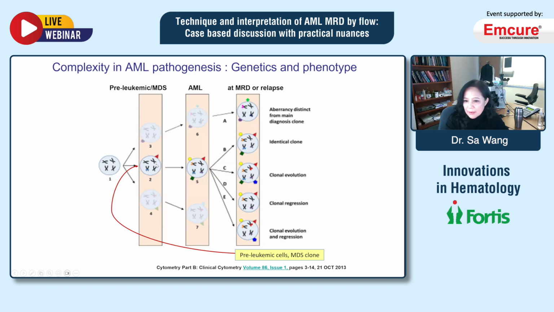Then they do look different from the AML blasts. I'm going to show one case to illustrate why this is very important to recognize, because these patients should not continue to be treated as having residual AML blasts. They cannot tolerate the treatment toxicity, and it does not really provide a lot of benefit for the patients.